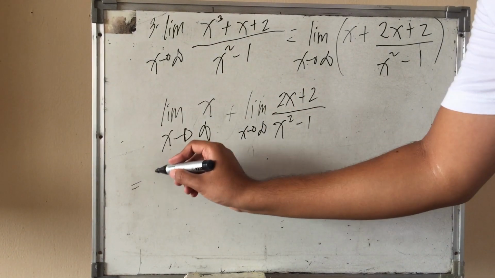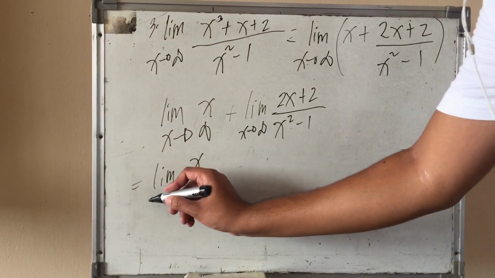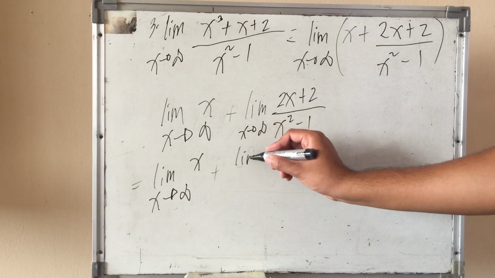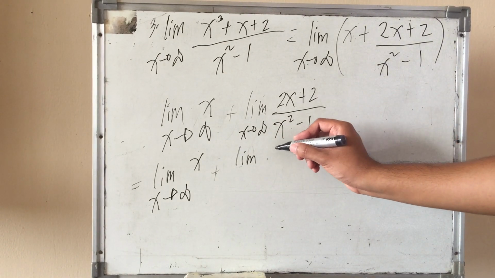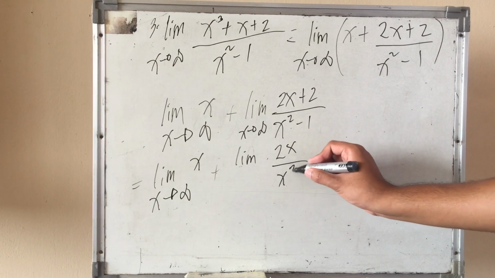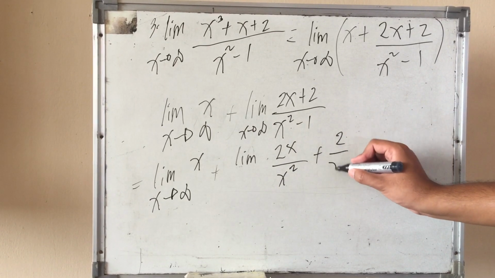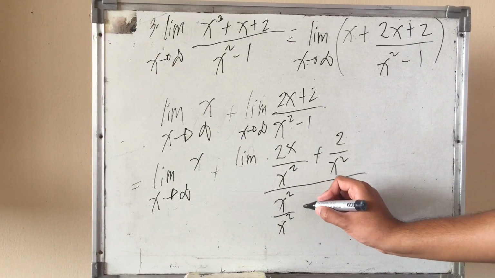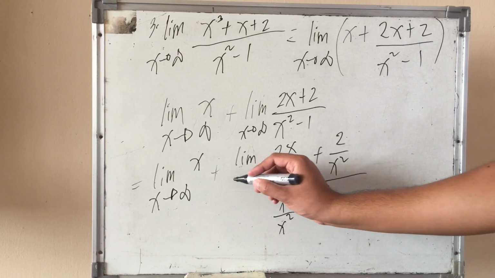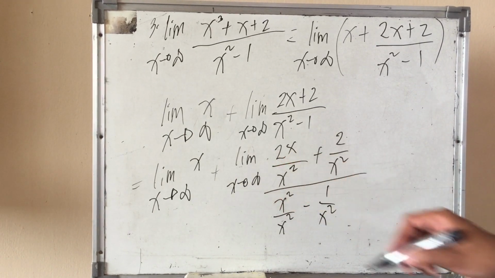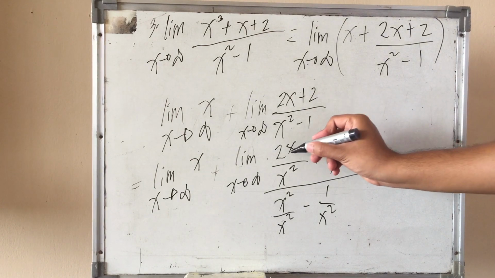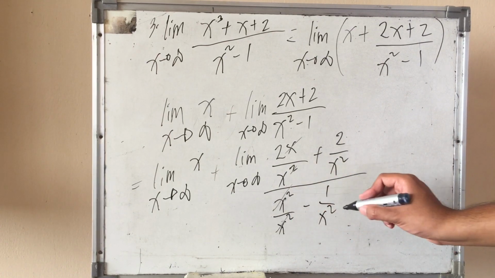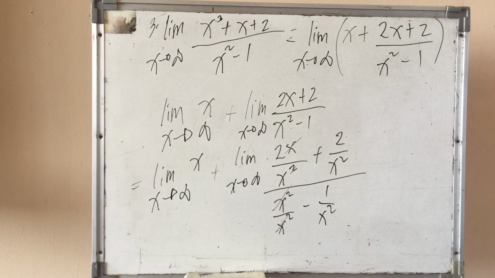This is equal to the limit of x plus the limit of 2x over x squared plus 2 over x squared, divided by x squared over x squared minus 1 over x squared, as x approaches infinity. Cancel out x and x squared, and simplify.